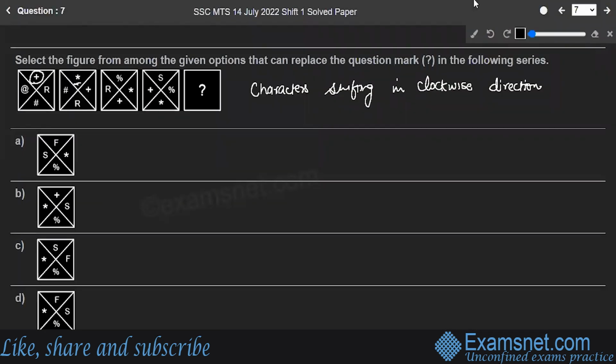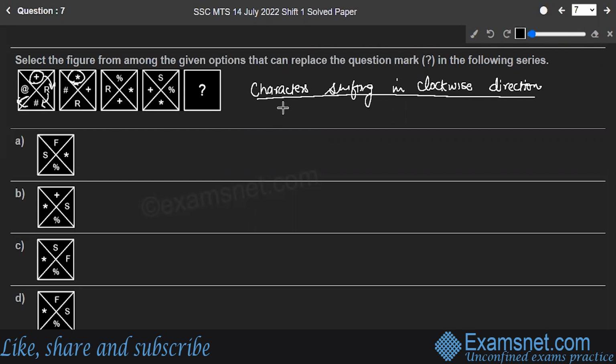And all the other alphabets, they are rotating. See, R has shifted over here, hash has shifted over here. This sign will be replaced by this asterisk sign and the plus has rotated over here. Okay, see, now what happens? Again, the characters are shifting in the clockwise direction.